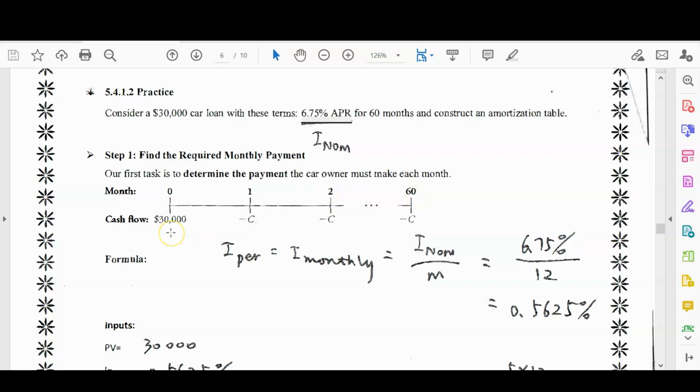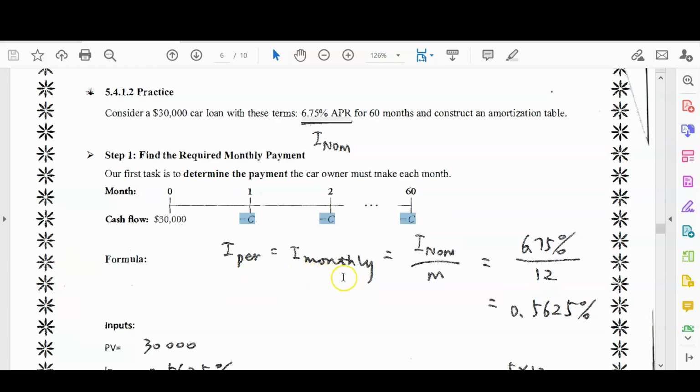At time 0, today, we're getting a cash inflow of 30,000 as the original amount of the loan. And we're paying 60 cash flows. It's an ordinary annuity paying 60 times in the future. We're going to have 60 cash outflows. So let's first calculate the periodic rate or monthly rate here.